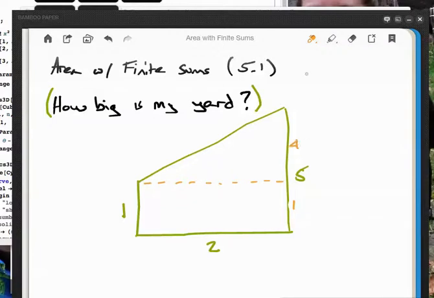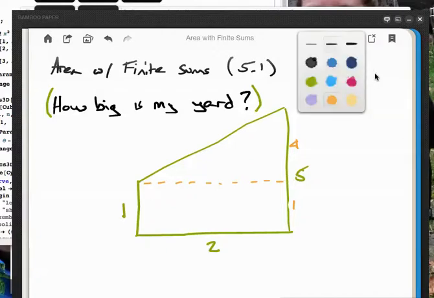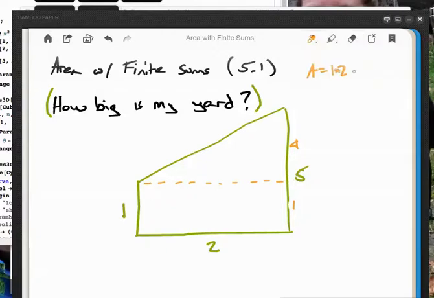So the area equals 1 times 2 times 2 plus the area of this, which is 1/2 base times height, which is 1/2 times 2 times 4, which is 2 plus 4, equals 6 fathoms squared. All right, so the area is 6.